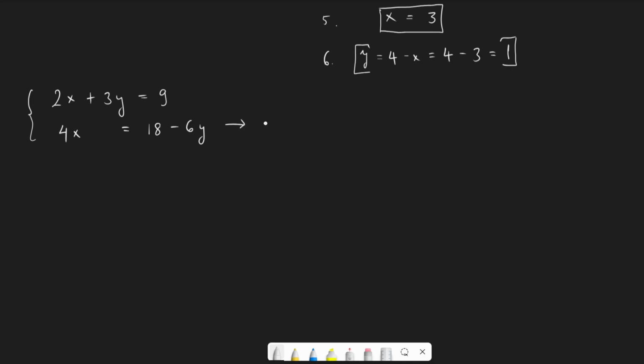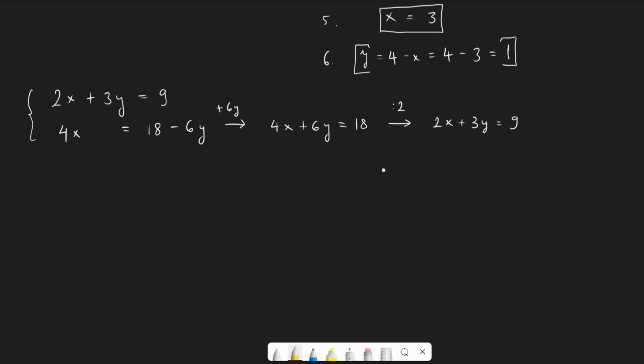And here, if we add 6y to both sides, then we get 4x plus 6y equals 18. And if we divide by 2, then we get 2x plus 3y equals 9.